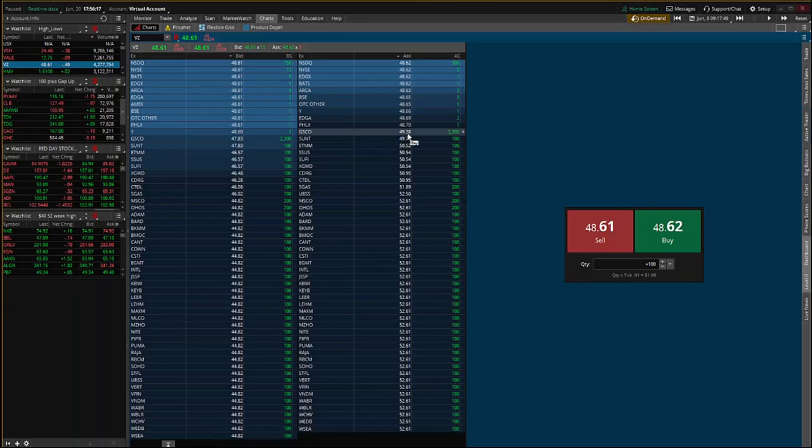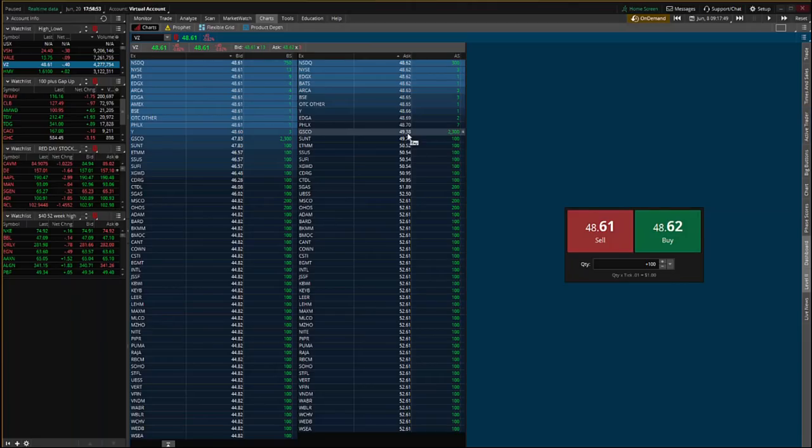So my recommendation, if you are buying or selling and you have a large amount of shares that you're working with, do not use a market order.